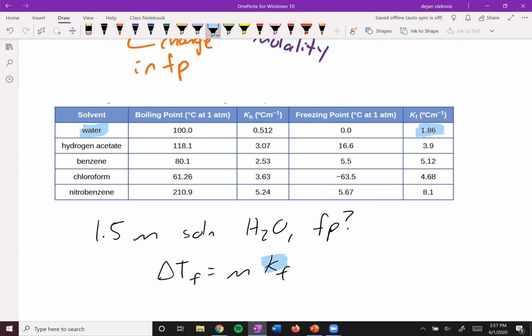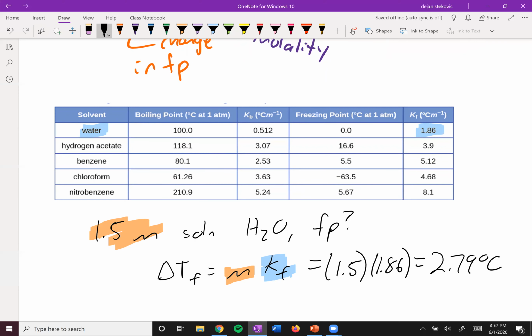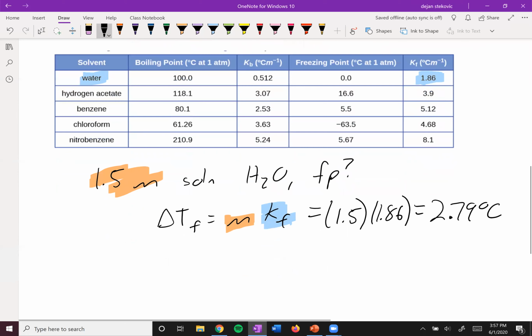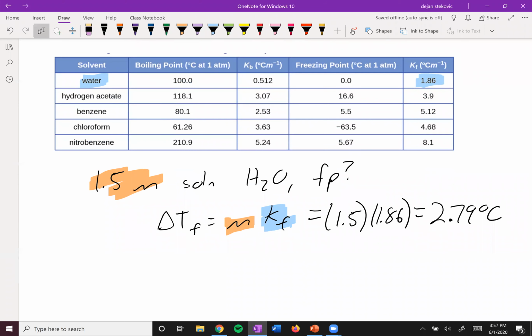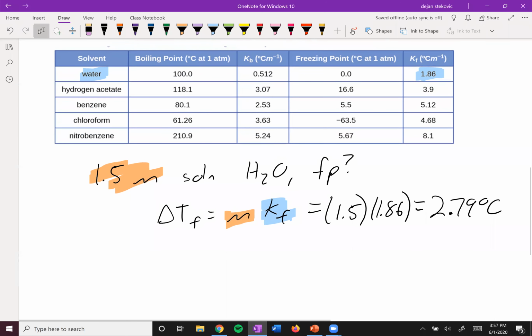And for molal, we know this is 1.5, so we just plug these numbers in. 1.5 times 1.86, we'll get 2.79 degrees Celsius. Does that mean water freezes at 2.79 degrees Celsius? No. Remember, this is just the change in the freezing point, not the actual freezing point.